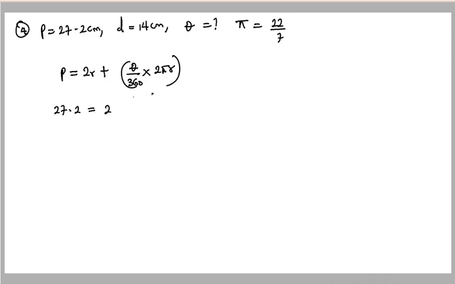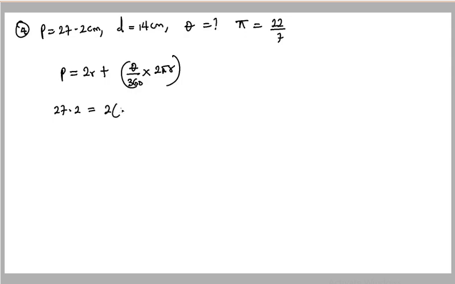We're not given the radius here, but to get radius from diameter, as I told you in the previous video, you always divide by 2. If diameter is 40, divide by 2, 20 is your radius. If diameter is 50, 25 is your radius. If diameter is 14, as we have here, divide by 2, 7 is your radius.